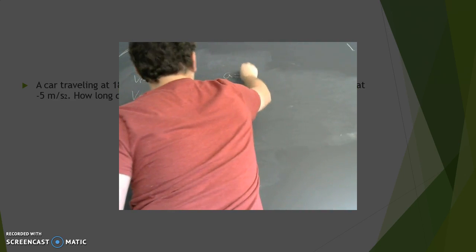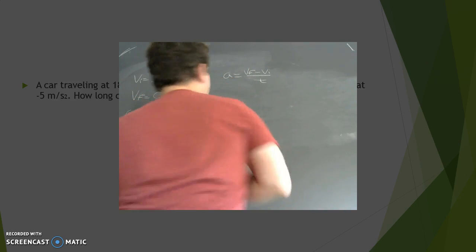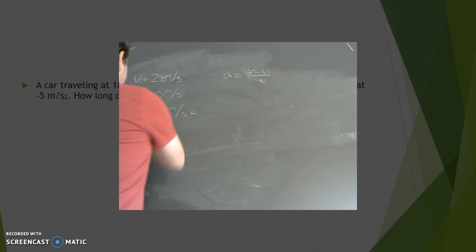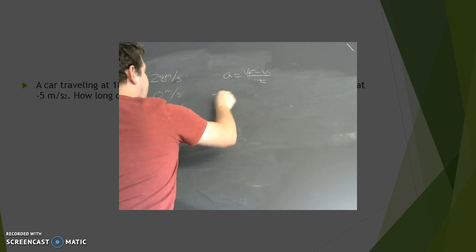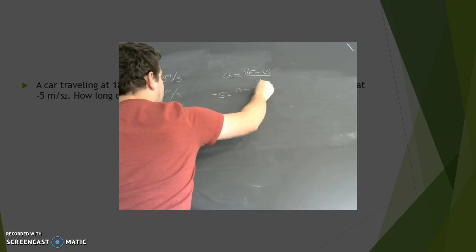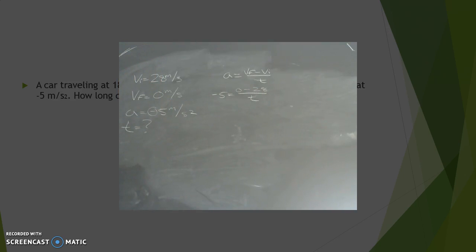Okay, looking at our equation now, our definition is a equals Vf minus Vi all over t. So if we plug in, we know our acceleration is -5, Vf is 0, 18 is Vi, and t is unknown.